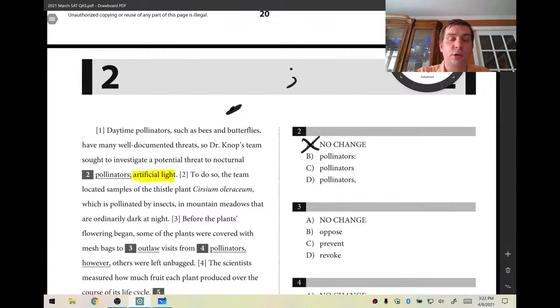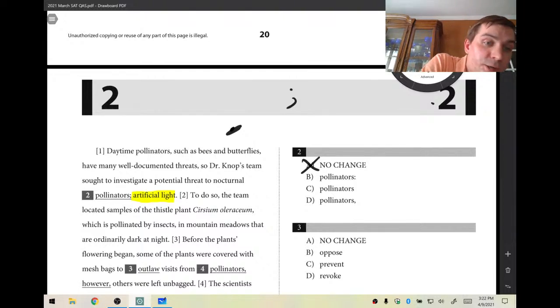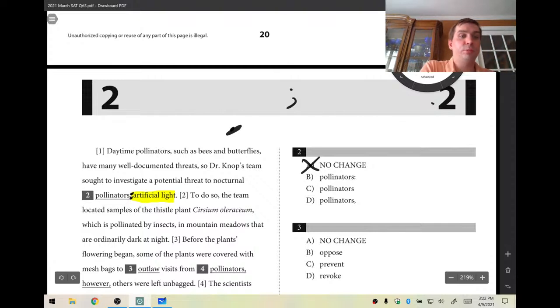But we can use a colon, because the colon has no such rule that it only connects two independent clauses. The rule about colons is that whatever goes in front of the colon has to be a complete thought. So I'm just going to check it real quickly. Is this a sentence? "Daytime pollinators, such as bees and butterflies, have many well-documented threats.